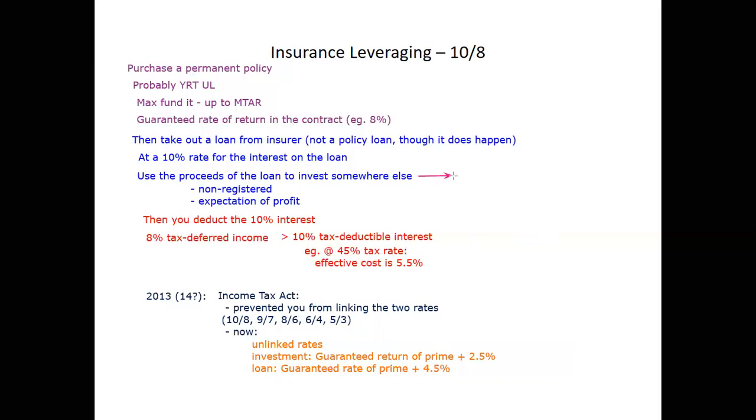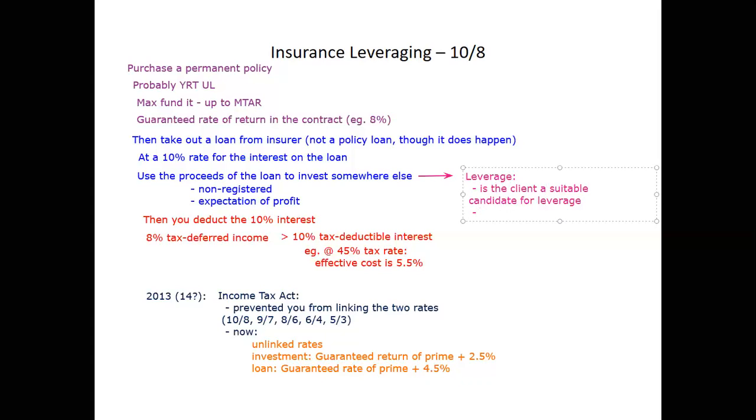That's right. This is leverage. And now the question is, is the client a suitable candidate for leverage? And in many cases, I would suggest they were not.